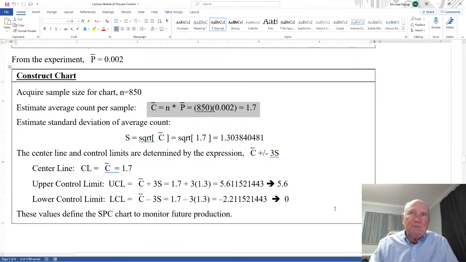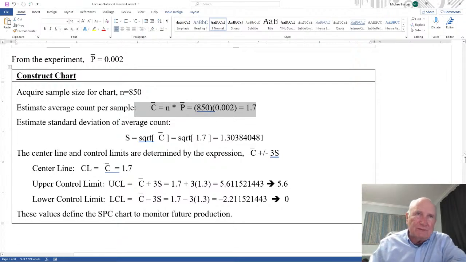Well, the proportion is 0.002, so 0.002 times 850, on the average, we'll see 1.7. So the average count per sample of 850 is 1.7 of these caps that are defective. Okay, that's the mean.